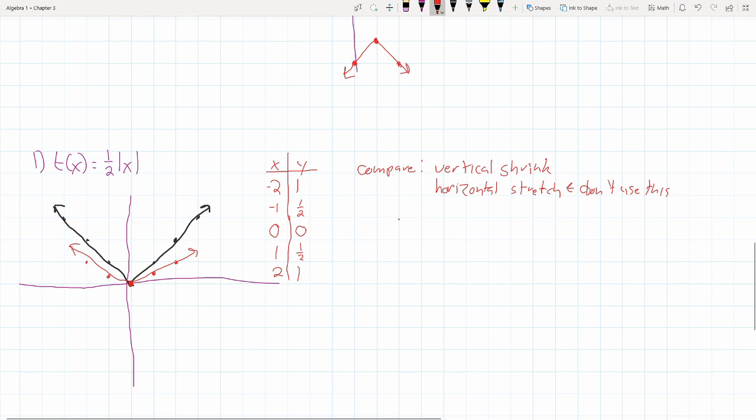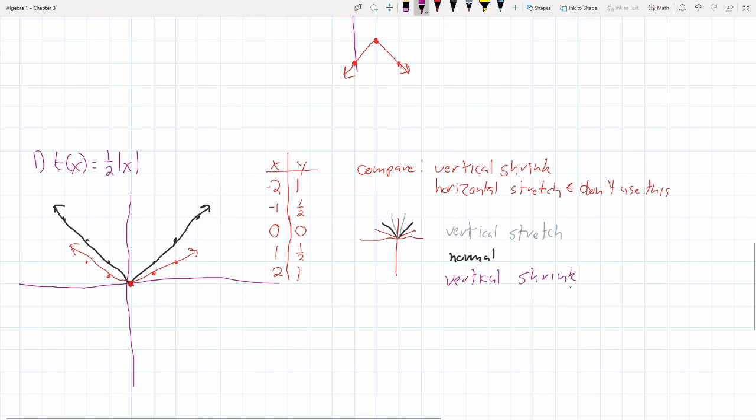So, things to know: a horizontal shrink is when we're shorter than what it was, if this is the regular. And then a vertical stretch is when it's closer to that y-axis. Vertical stretch. Normal. Vertical shrink.